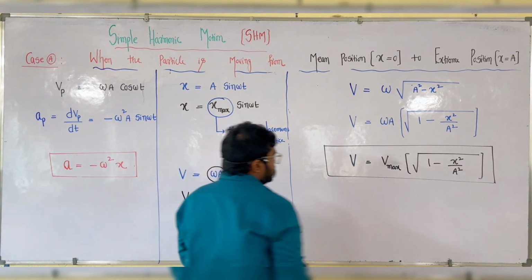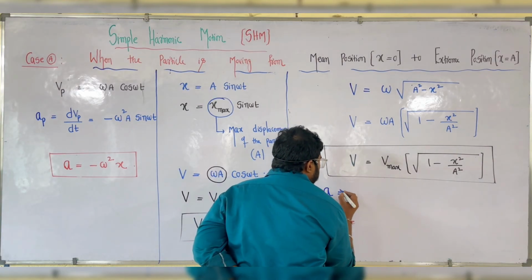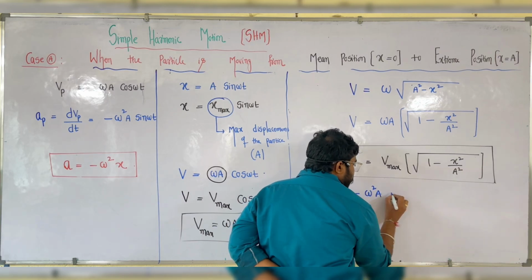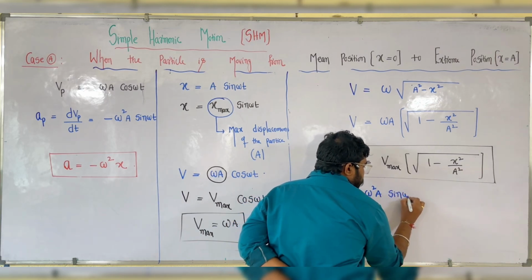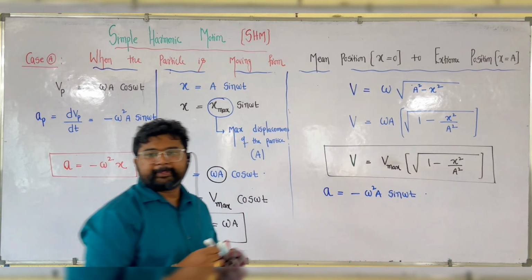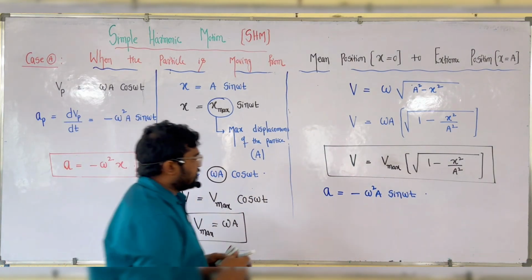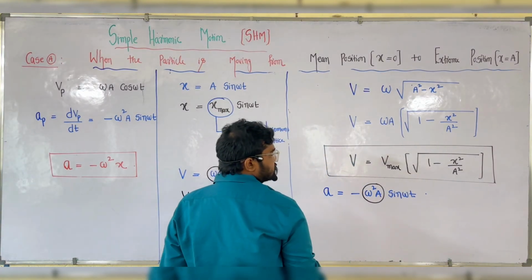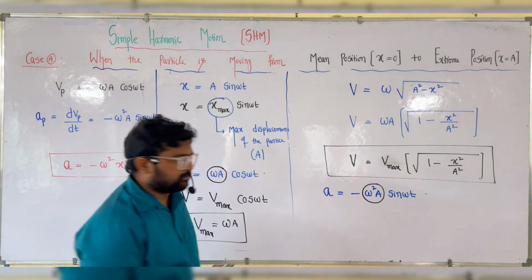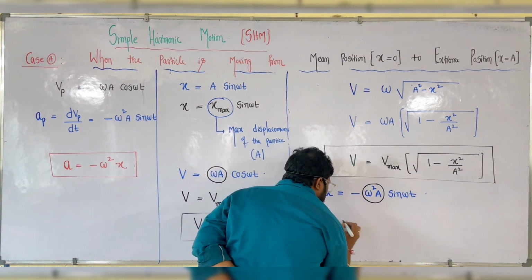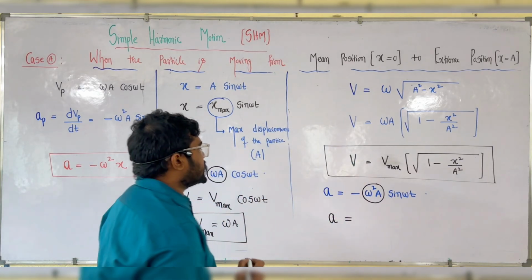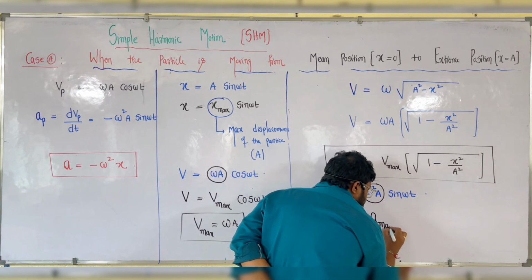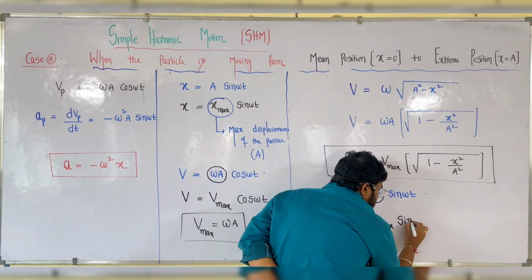Next, acceleration of the particle equals minus omega square a into sin omega t. Clear? Omega square a is the a maximum. So acceleration equals minus a maximum into sin omega t.